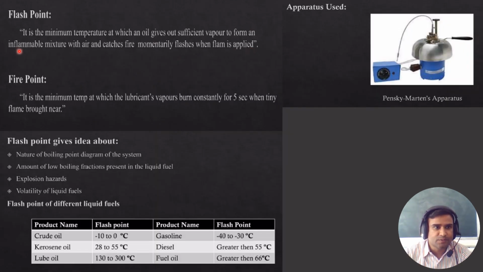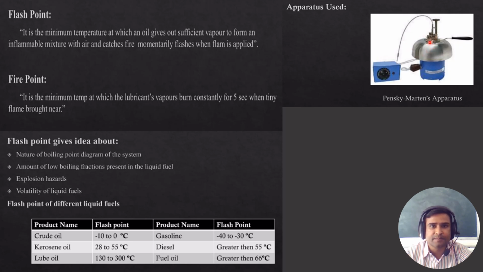Now the flash point. It is the minimum temperature at which an oil gives out sufficient vapor to form an inflammable mixture with air, catches fire momentarily and flashes when the flame is applied. So you can see this is a Pensky-Martens apparatus. In this we test the flash point of any fuel.